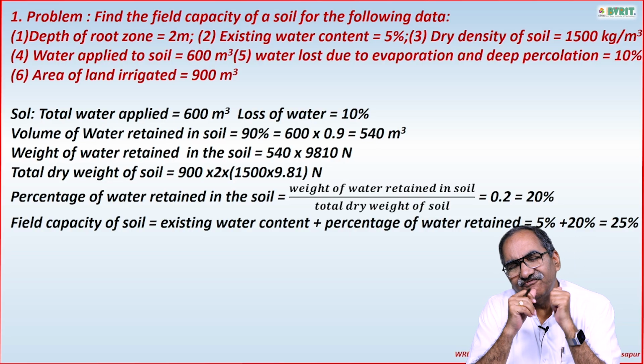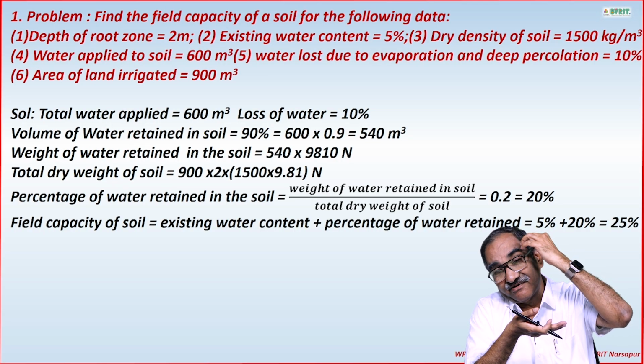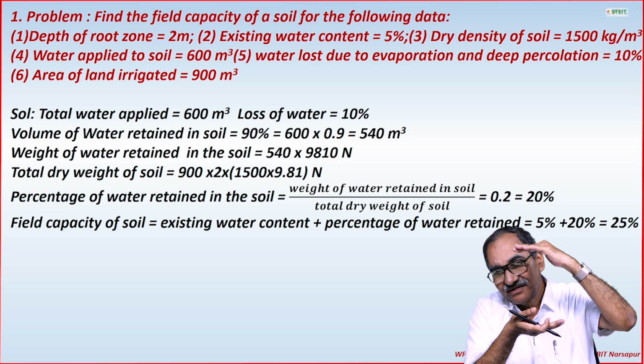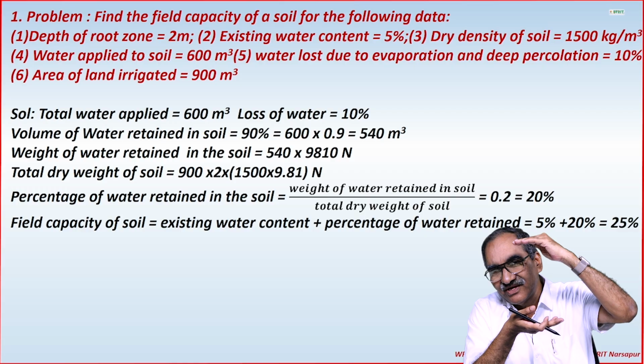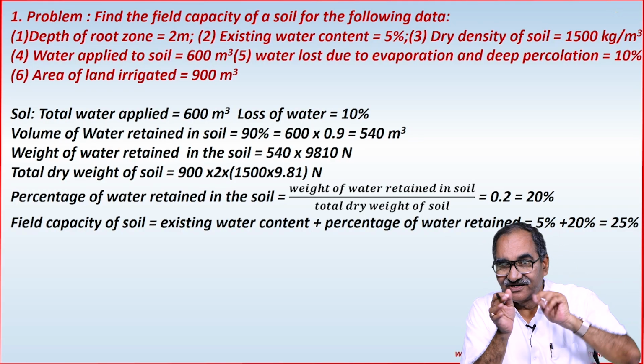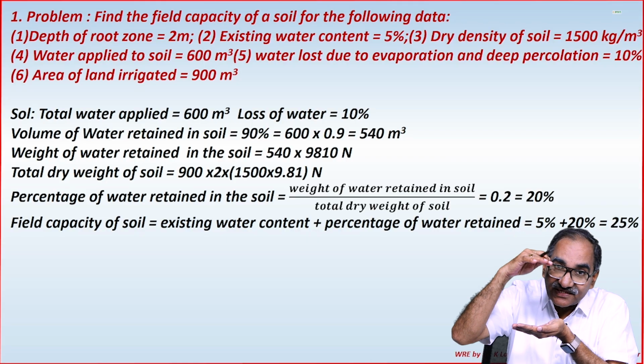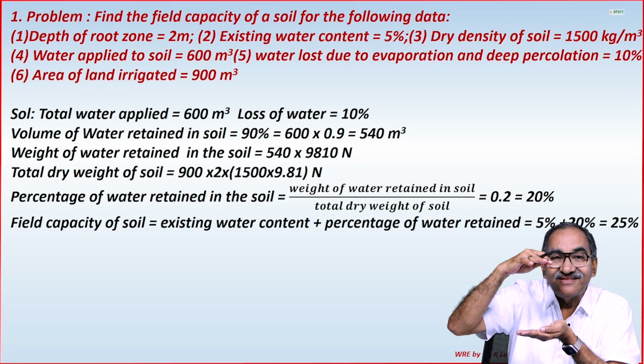Field capacity means whatever is the moisture holding capacity of the soil, right? What is the available moisture in the soil? There is already 5% of water content. So above that 5%, how much percentage of water is retained in the soil?